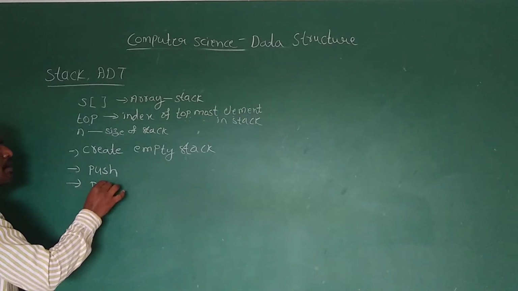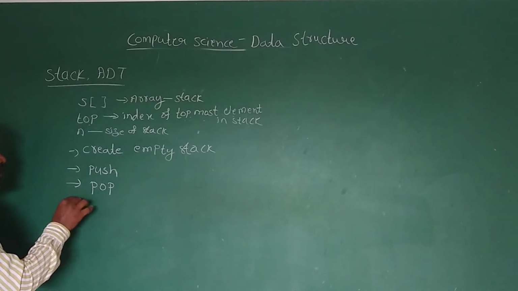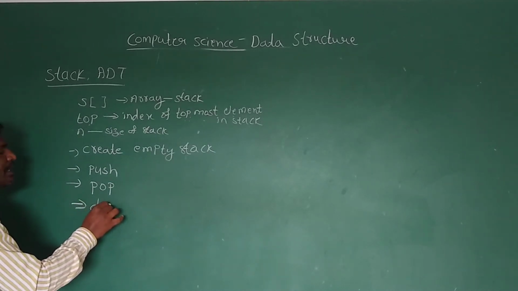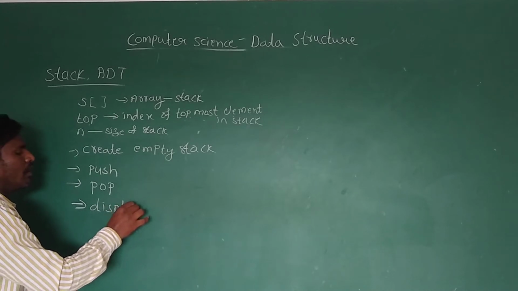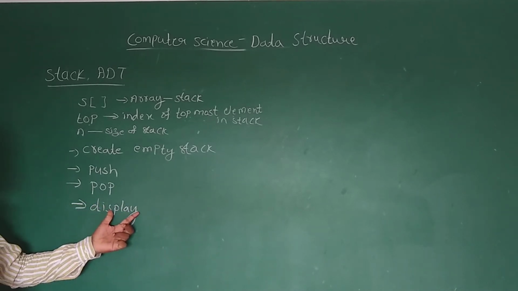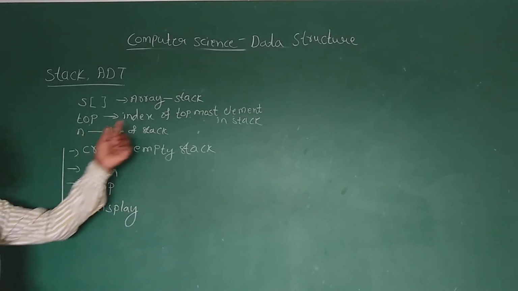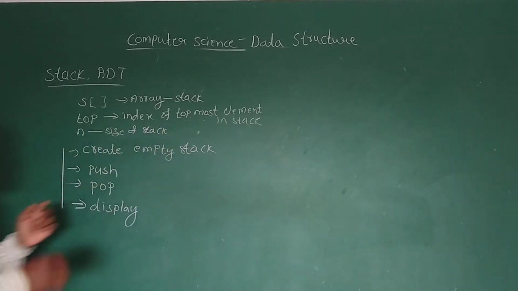We can remove an element from the stack, that is, we perform the pop operation. Next, we can display all the elements in the stack. When I want to see what elements are presently in the stack, we use the display operation. These four are the operations that can be performed on a stack.